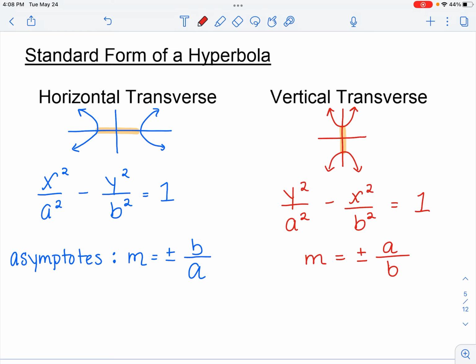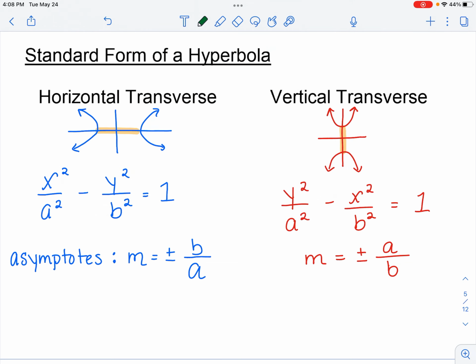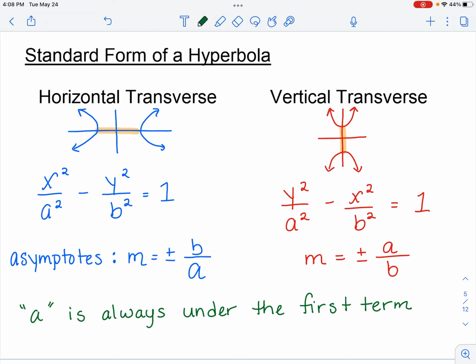Now, some important things to note here. A is always under the first term.